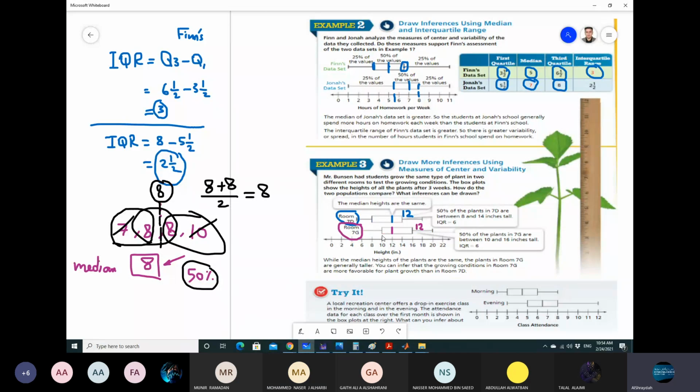If I told you, what is the first quartile? Do you know what we mean by the first quartile? The first quartile is this one.